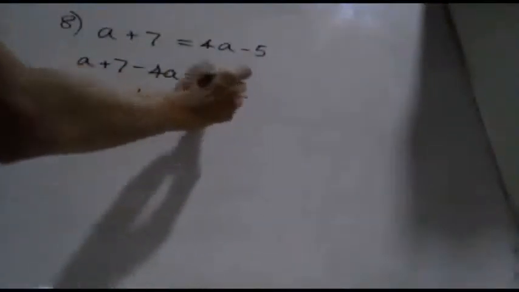Question number 8. A plus 7 is equal 4a subtract 5. We take this plus 4a to left hand side. Okay, good. Subtract 4a. Here negative 5. Then a subtract 4a is equal negative 5.